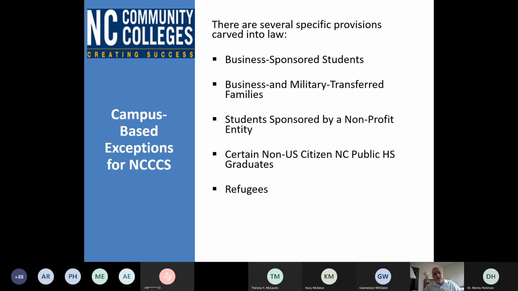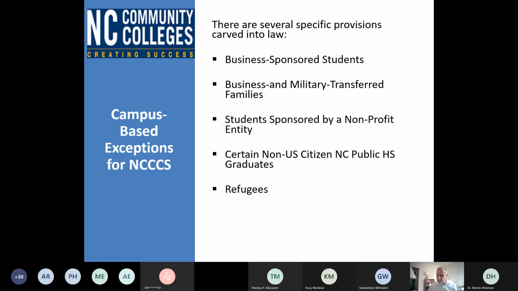For military transferred, if they're really active duty military, I would suggest you send them to RDS to get that OI and find out why they didn't qualify, because then you won't have to count it against that 1%, and then you don't have to worry about it every semester, about continued eligibility. These are seen as time limited. The idea is they have to be here in North Carolina and that they're establishing residency. A lot of these exceptions have that in their spirit of, we're trying to help someone who just got here, but it's not meant to be a long-term situation. Okay.